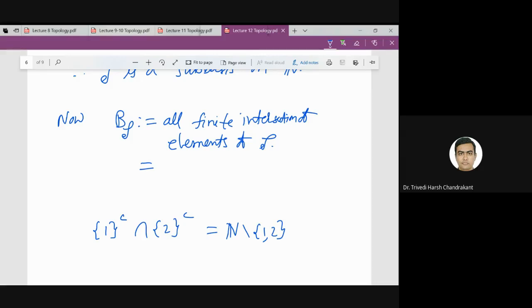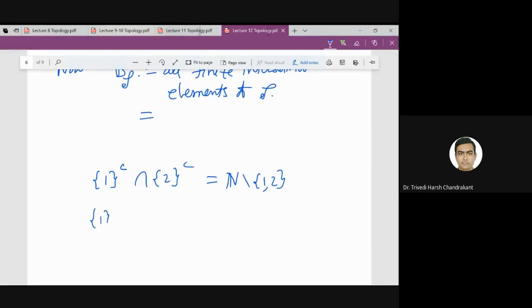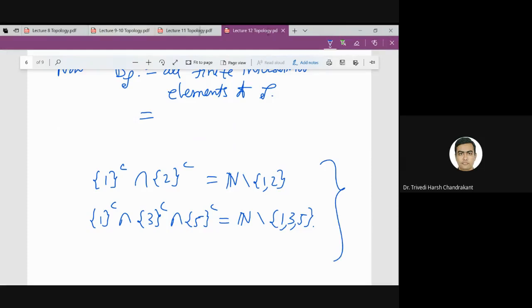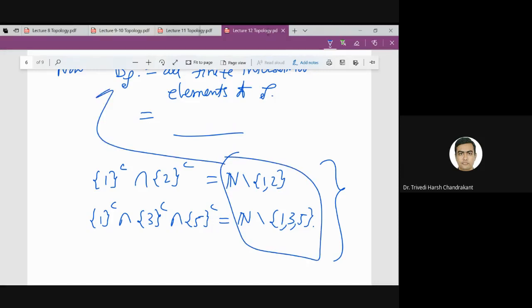For example, the complement of 1, the complement of 2, intersection the complement of 3. This is also a finite intersection. So this is nothing but removing 1, 2, 3. So basically I am getting all these sets in B_S.